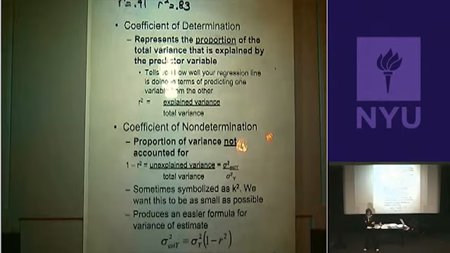That's one way of thinking about it. Whereas this is actually giving me a percentage of how you can think about the variability in one variable. It's all related, but it's not exactly the same thing.